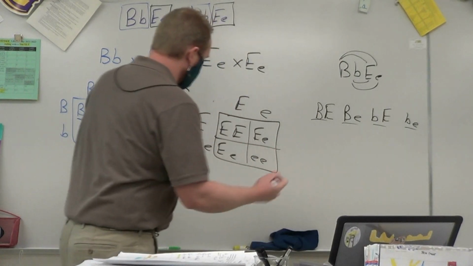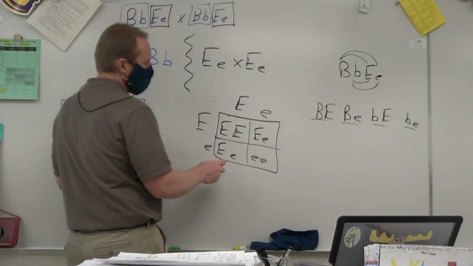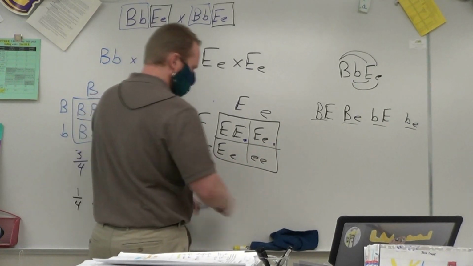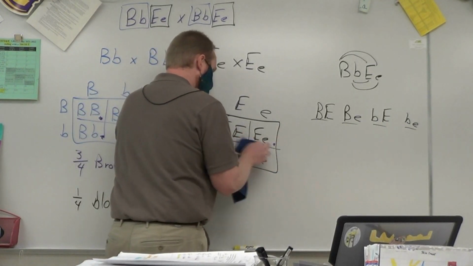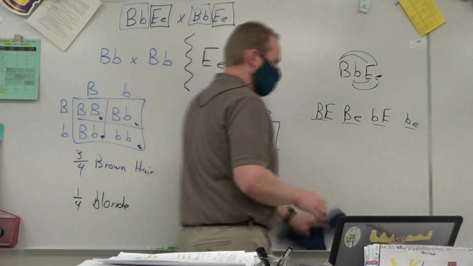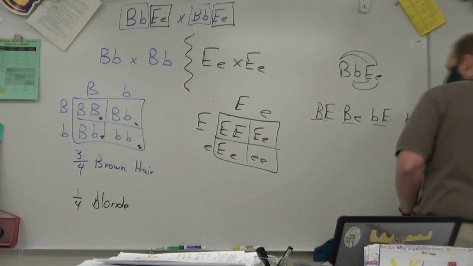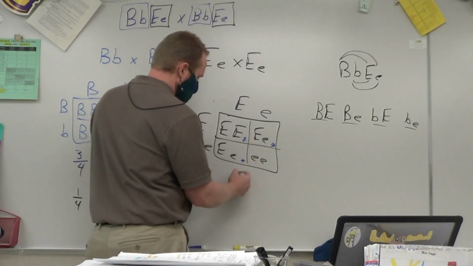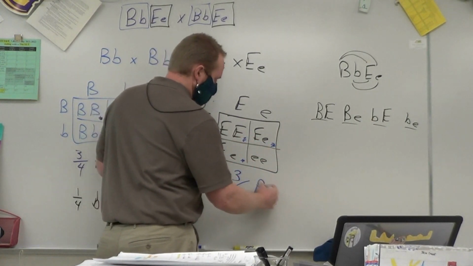Then we come over here and we look at my hair color, eye color, and I can go through and say how many are going to be brown eyes. 3 out of 4 are going to be brown.